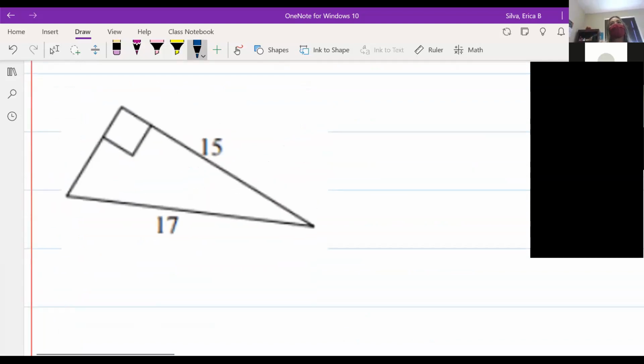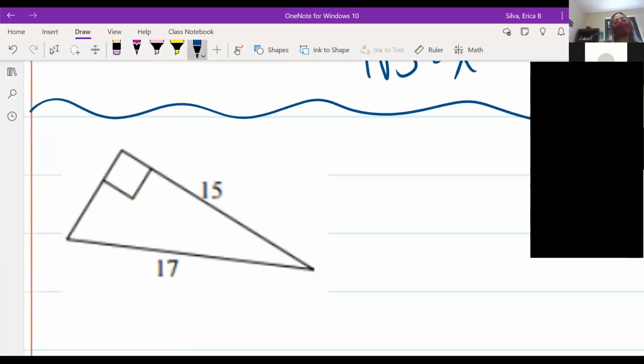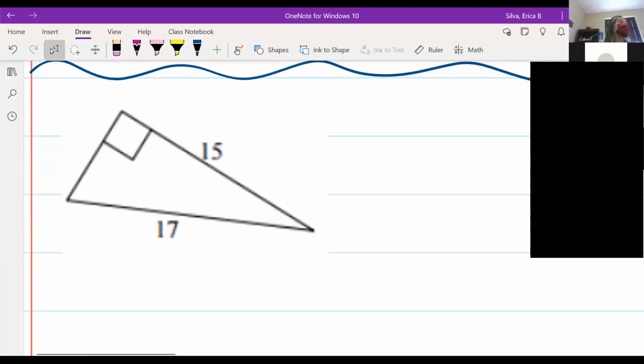Now let's look at this problem. We first have to identify our C. Which one is our C? Let's call our missing side X. 17. So first identify my C. That's the longest side, 17.